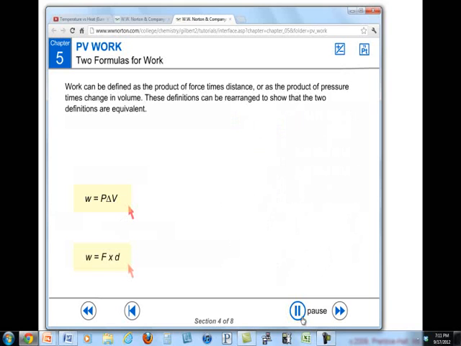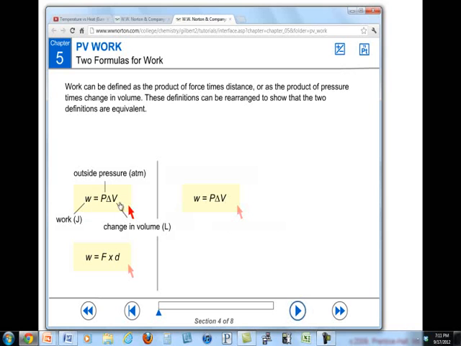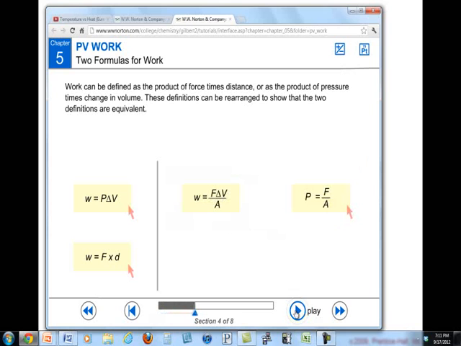So work can be defined as the product of force times distance, or as the product of pressure times change in volume. This is just a little animation to show you how these really are the same thing. Pressure is the same as force over area. So if you replace that in the equation, you get this.